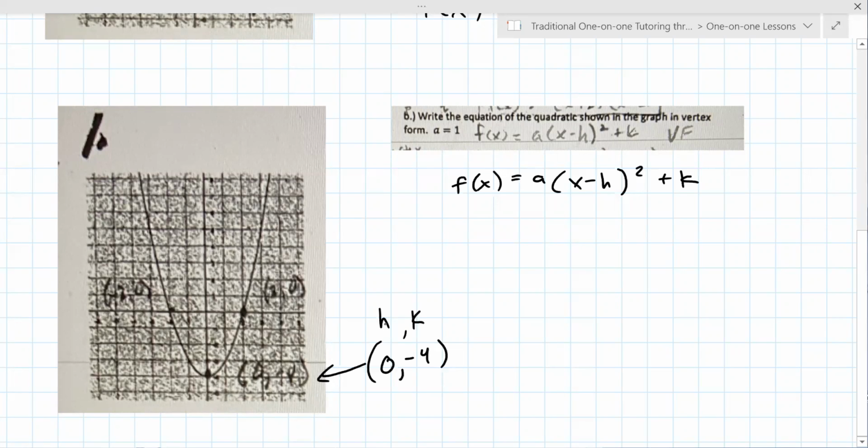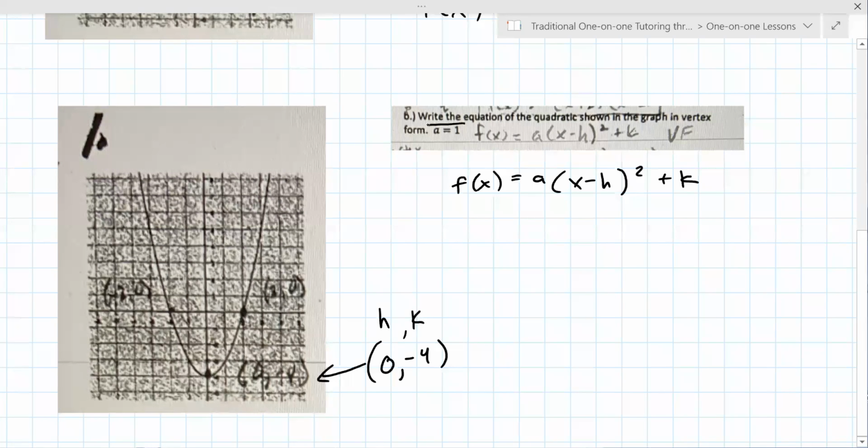Sorry, h is x, k is y. H is the x coordinate, k is the y coordinate. So then, yeah, (0, -4).